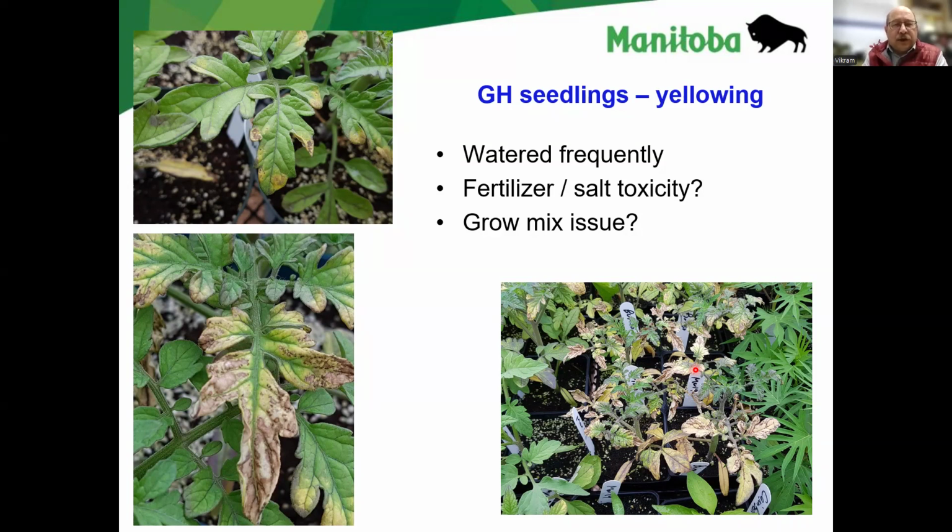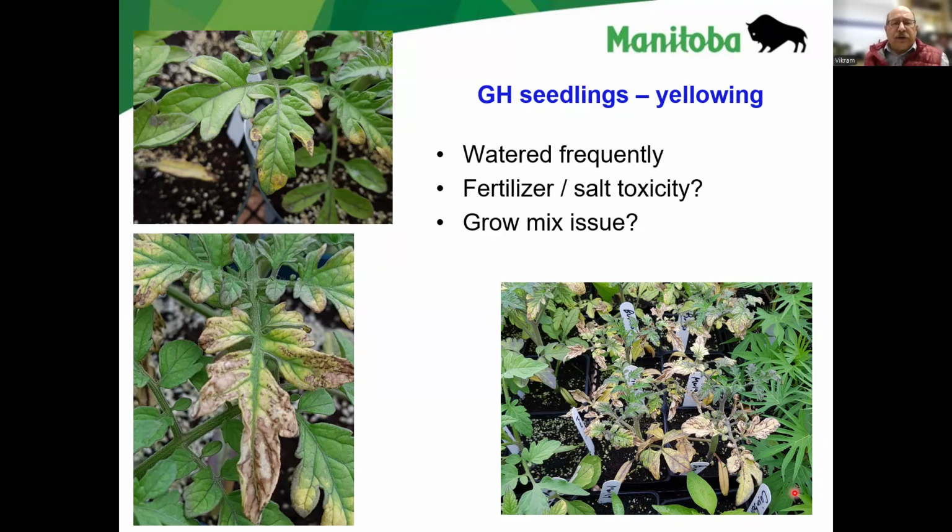There is good drainage in the trays, and you're not putting fertilizer too often or too much, because salt toxicity can also lead to these leaves turning yellow, and basically the plant will not grow very well because the roots are growing in a highly toxic salt concentration.